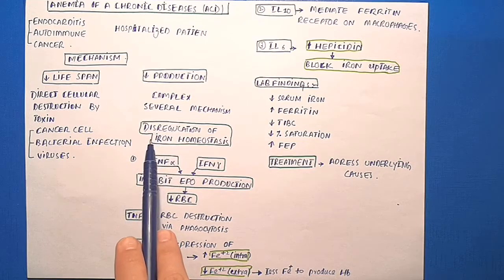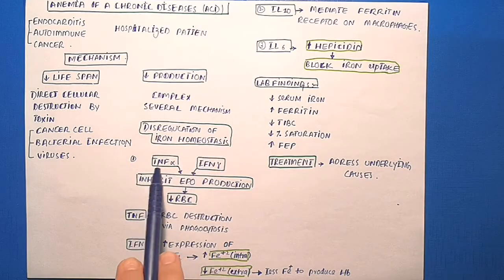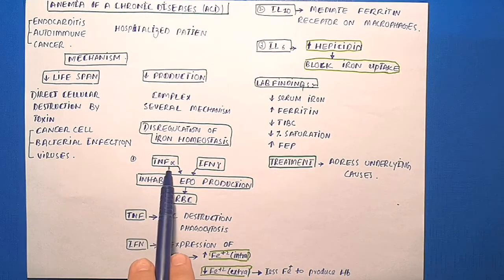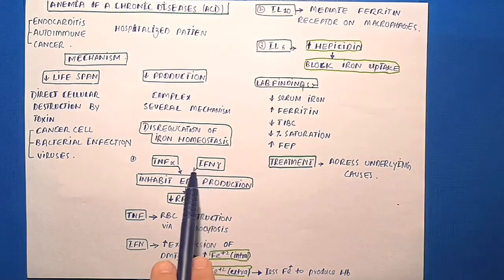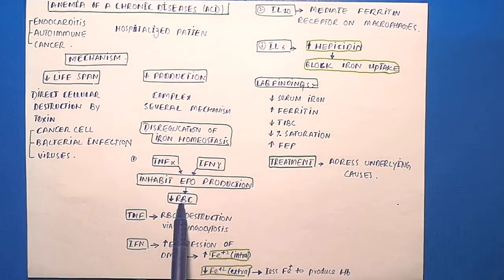Number one is dysregulation of iron homeostasis. Tumor necrosis factor alpha and interferon gamma inhibit erythropoietin production, which decreases red blood cell production.